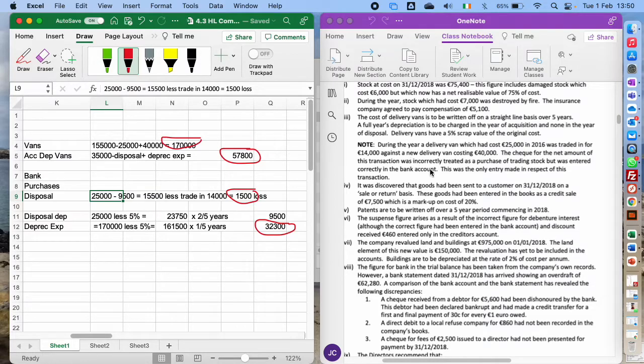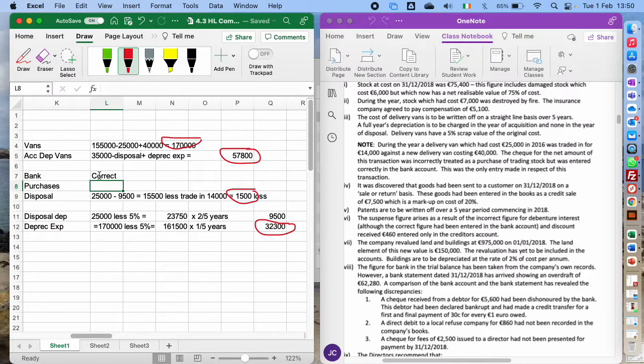Now the next is, and this is pretty standard now, so we're back to something that we would have dealt with before. The check for the net amount of the transaction was incorrectly treated as a purchase of stock. It was entered in the bank account, so the bank account we're going to say here is correct. So I'm going to do nothing in my bank account, but it was purchases.